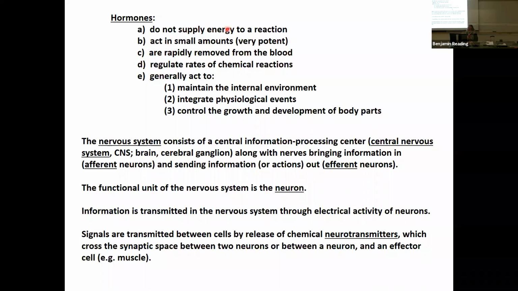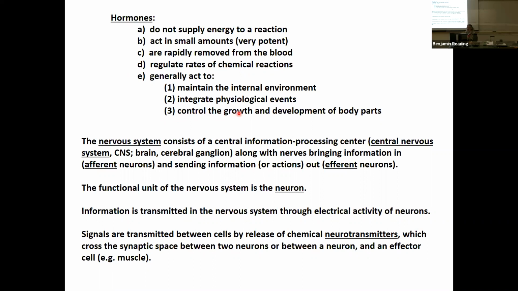They do not supply energy to reactions, but they do regulate the rates of chemical reactions. So for instance, the speed. They can speed up chemical reactions or slow them down. And overall, they generally act to maintain the internal environment, i.e. this homeostasis. They integrate with physiological events to coordinate things. For instance, if you're increasing your growth rate, you might want to increase your food consumption rate, right, to provide enough energy to pay for that increased growth.